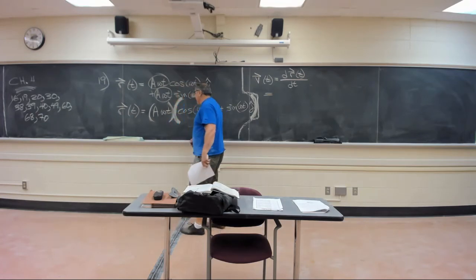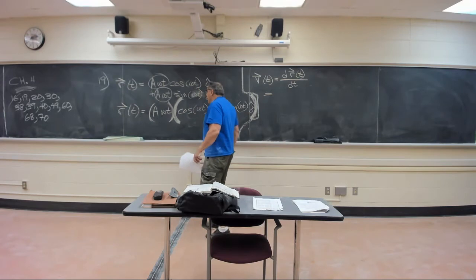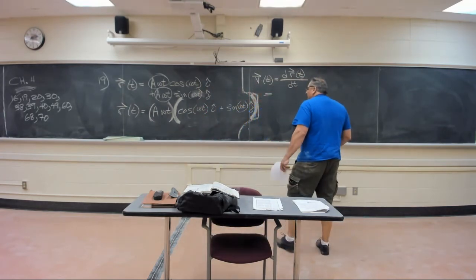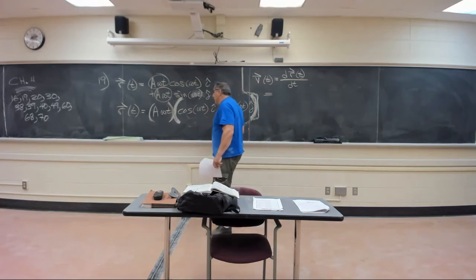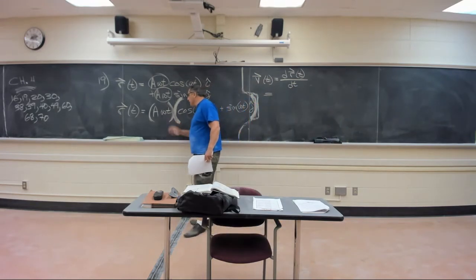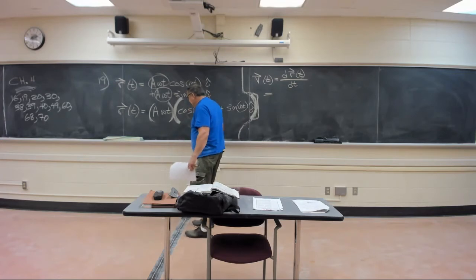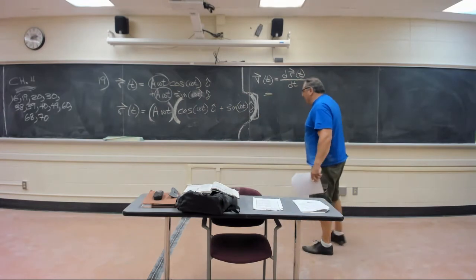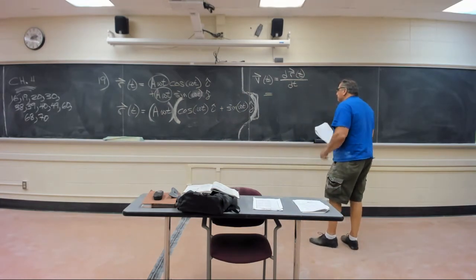The derivative of the product f times g is f prime g plus g prime f. By the product rule, the derivative of the product of f and g is f prime g plus f g prime. So that's basically what you're doing here.